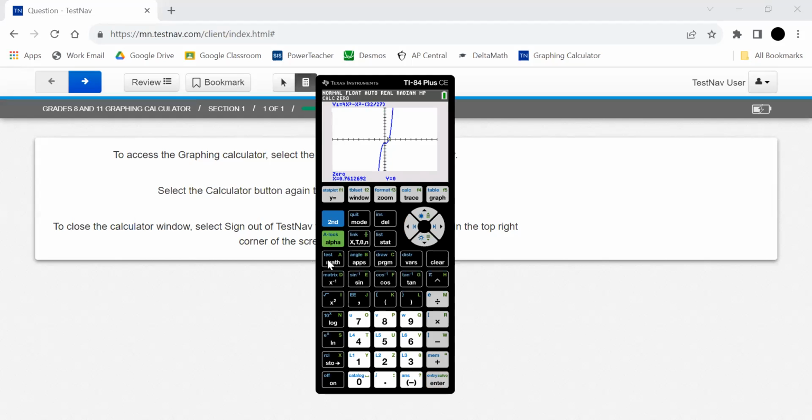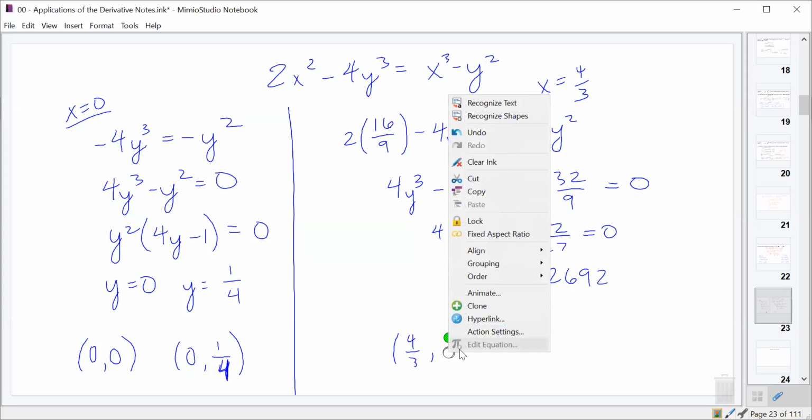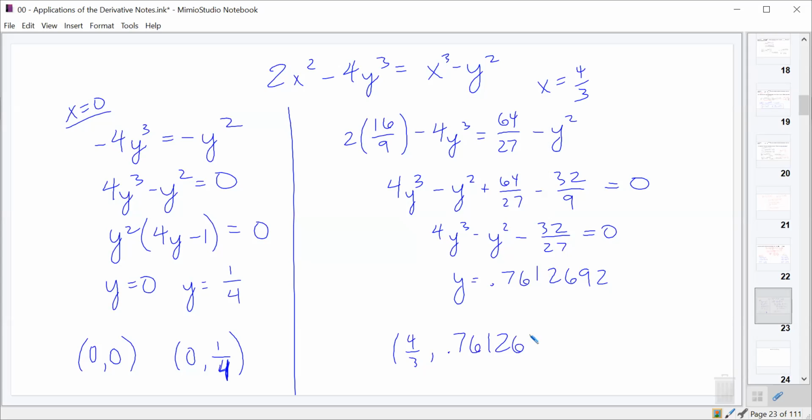So we can go back over here. This is at y equals 0.7612692, which would be the ordered pair (4/3, 0.7612692). So we found 3 different ordered pairs where we might have horizontal tangent lines.